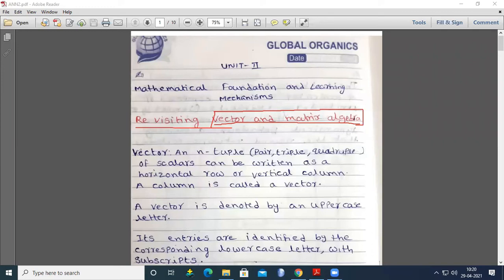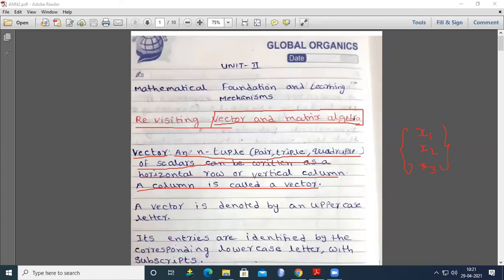First one, vector. So what is a vector? A vector is nothing but an n-tuple, pair, triple, quadruple of scalars, which can be written as a horizontal row or vertical column. That means a column is called a vector. For example, this is a vector: x1, x2, x3.